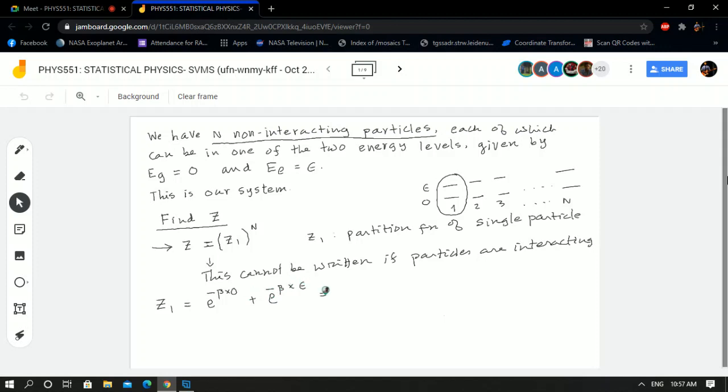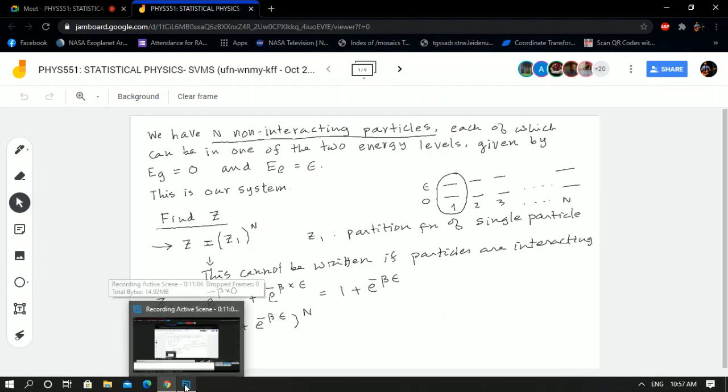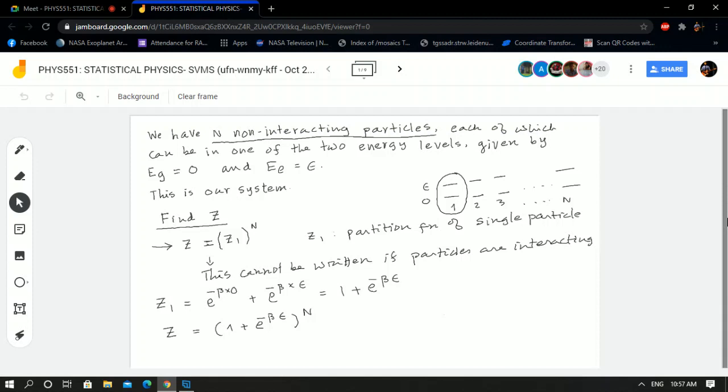This is simply 1 plus e to the minus beta epsilon. So the partition function is 1 plus e to the minus beta epsilon raised to the power n. Is this clear? Any doubt? So far it is clear. So now we have obtained the partition function.